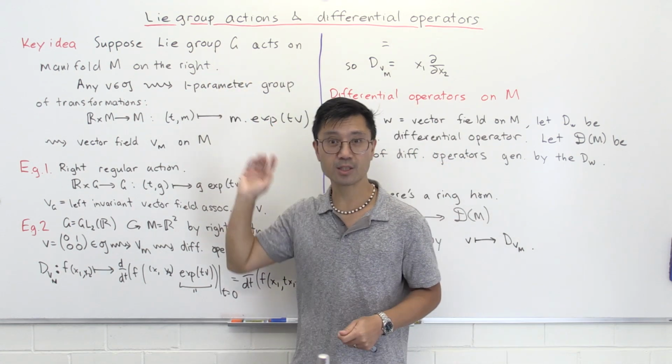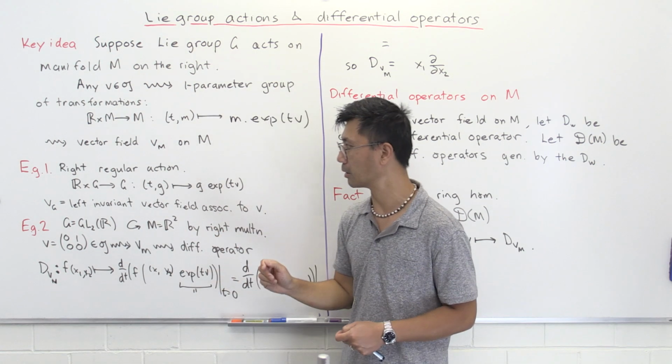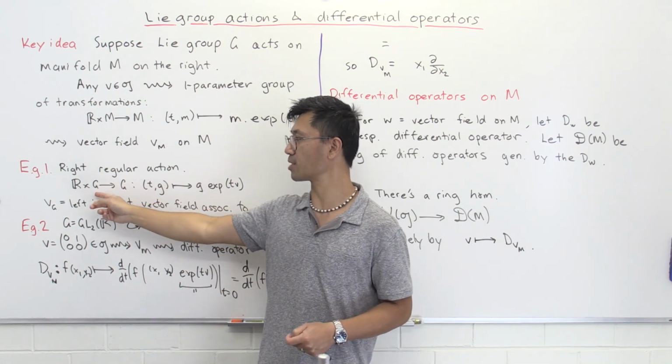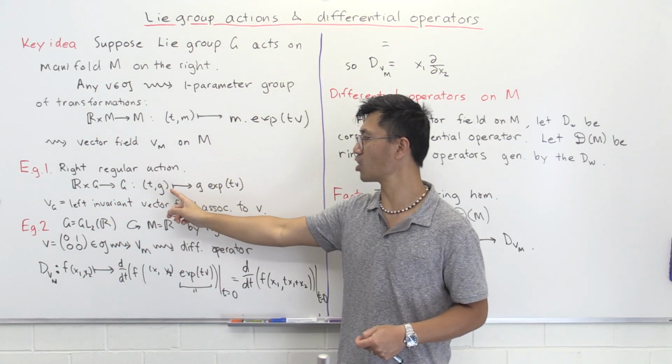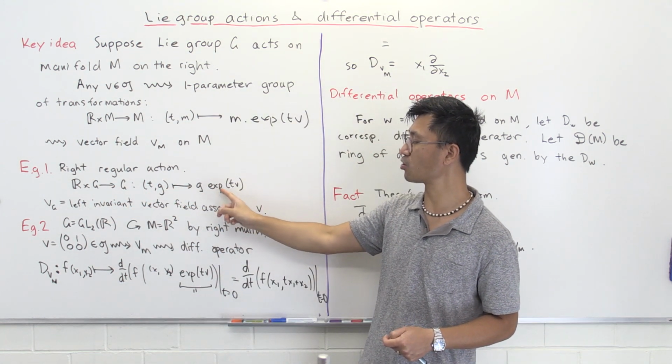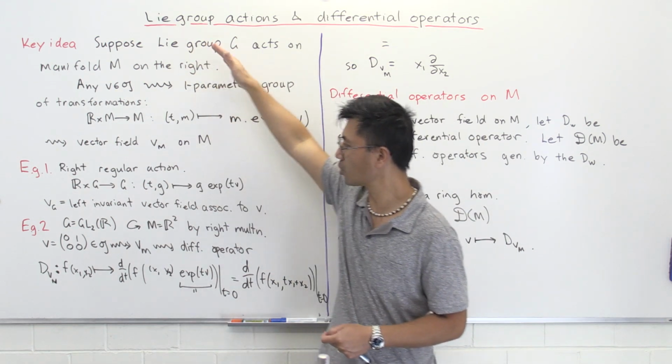Let's look at two simple examples of this sort of setup. The first one is the right regular action. That just means that G acts on itself on the right hand side, so M equals G. That means g gets mapped to g times the exponential of tV. And if you think about this, we can go through this procedure.